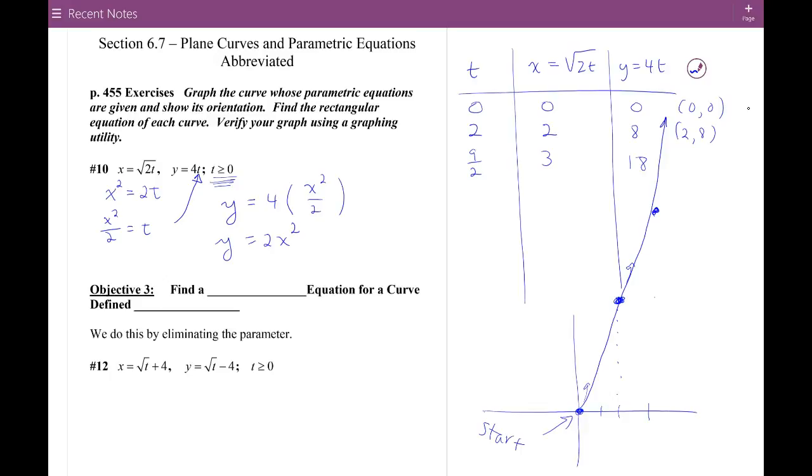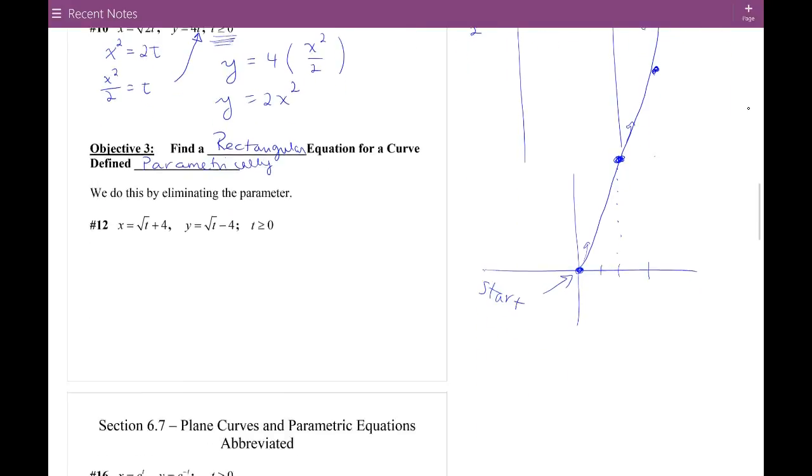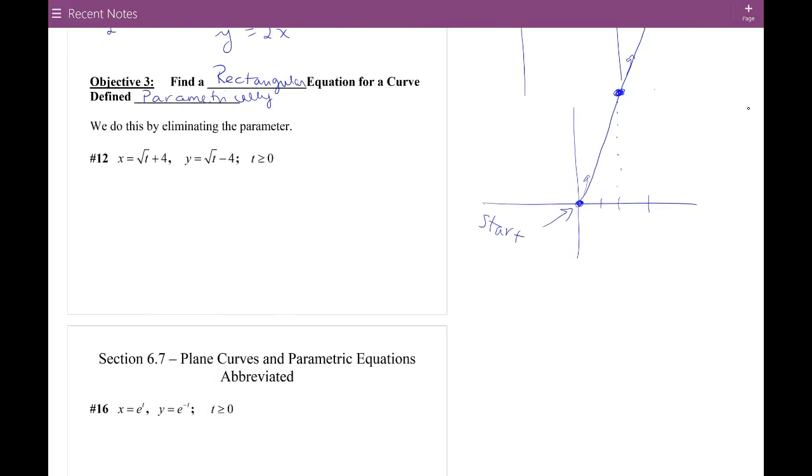Okay, so the next objective is to find a rectangular equation for a curve defined parametrically, which is basically what we just did, finding the rectangular equation of the curve. So we do this by eliminating the parameter.